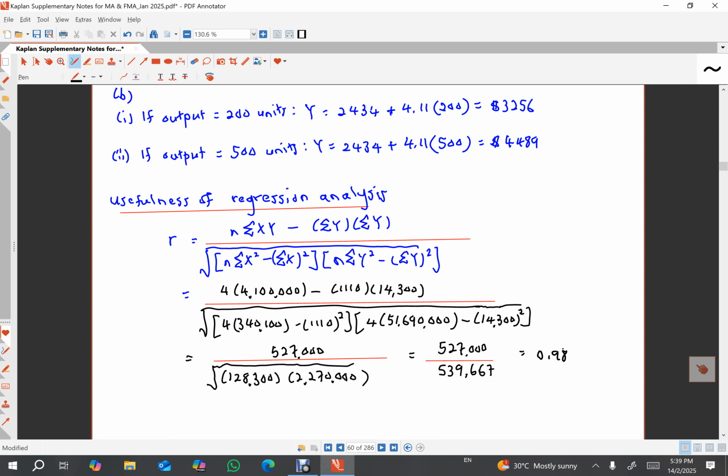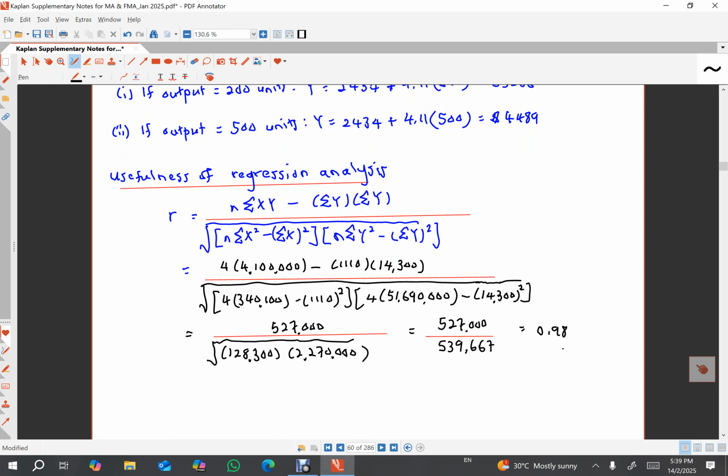This is very close to 1, so therefore the regression line is almost a straight line, so it's very reliable. This is very close to 1.